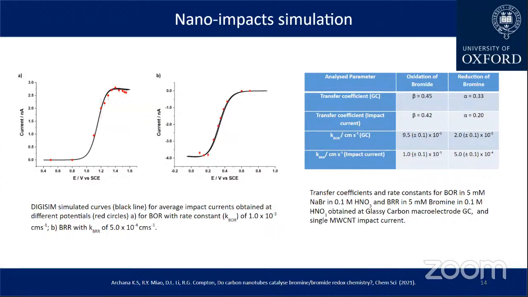So that is why we need to look into a single nanoparticle. So now we conclude that nanotubes are not very good electrocatalysts. They do have a mild catalytic performance towards this bromine-bromide reaction, but not as expected from a traditional drop-cast experiment.